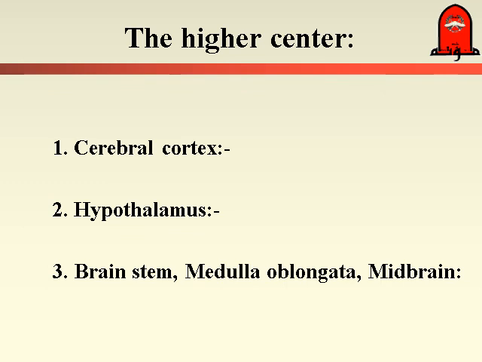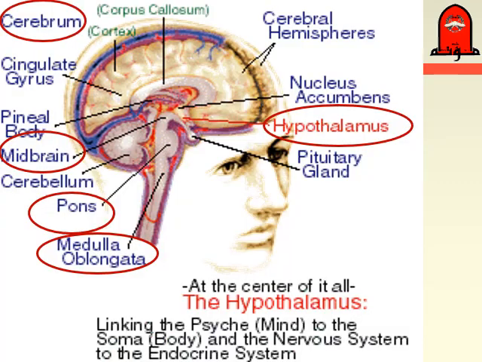Each one of them has a specific function for regulation of the autonomic nervous system. As you see here, we have the supracortex, we have the hypothalamus, we have the brainstem. These are representing the higher center of the autonomic nervous system. The most important of which is the hypothalamus.